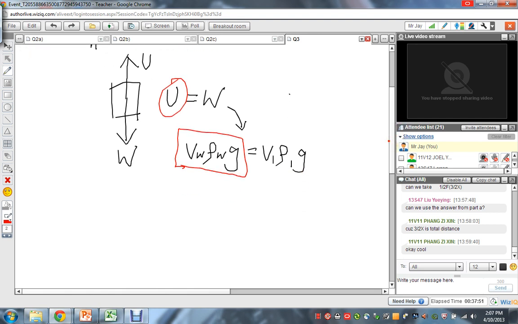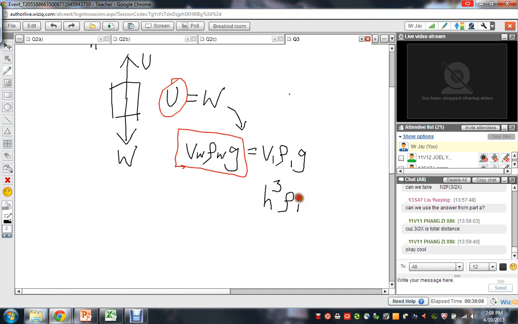Now we know the volume of the ice is just H cube, because the sides of the cube are H. And the density of the ice is rho ice, and that's what we need. And G is here.